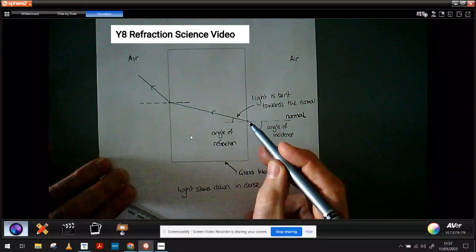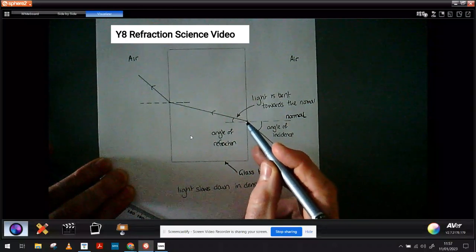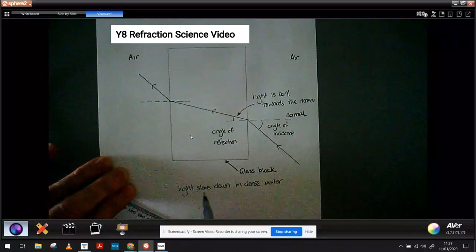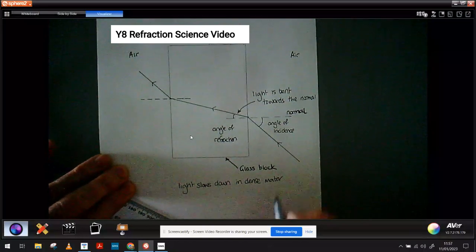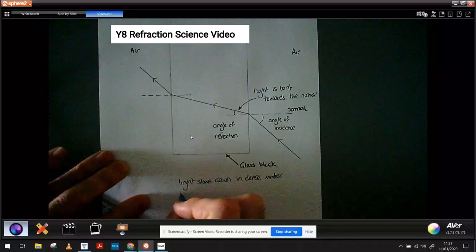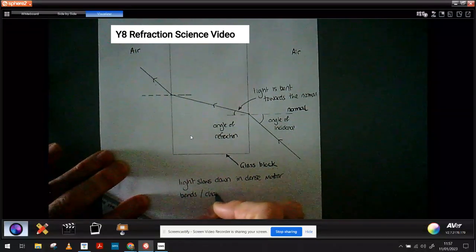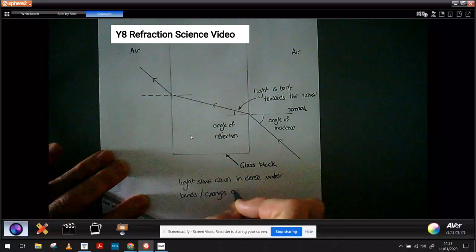When it crosses this boundary, it slows down as it goes through the glass to about 200 million meters per second. And that slowing down causes it to bend. So the light slows down in dense matter, and bends or changes direction.